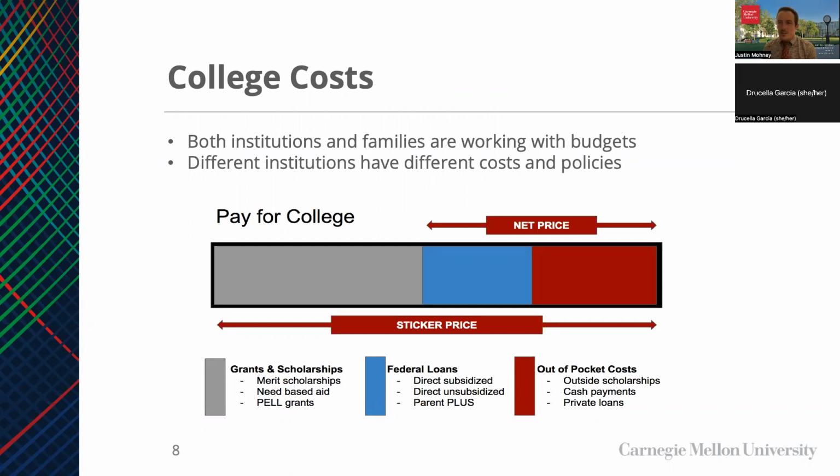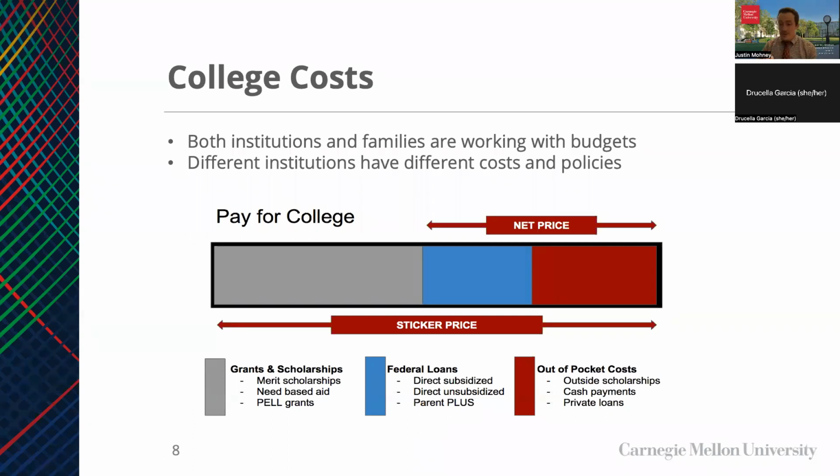But some of the things that you want to look at in those budgets to really understand the bottom line cost of attending an institution are going to include that overall cost of attendance, which if you look at the bar chart that you see here, would encompass the gray, the blue, and the red portions, the portion covered by scholarship, by loans, and as out-of-pocket expenses. This would be the total cost of attendance or the sticker price of a college or university.